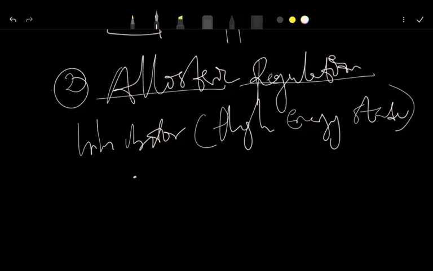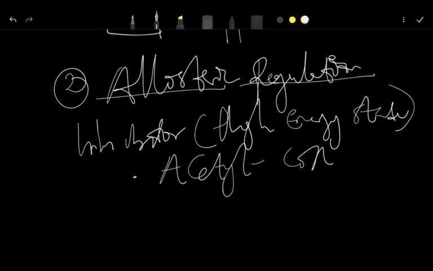You have your acetyl-CoA. This acetyl-CoA is the product of the pathway, right? So it's a sign that the cell is energy rich, so it's going to inhibit it.